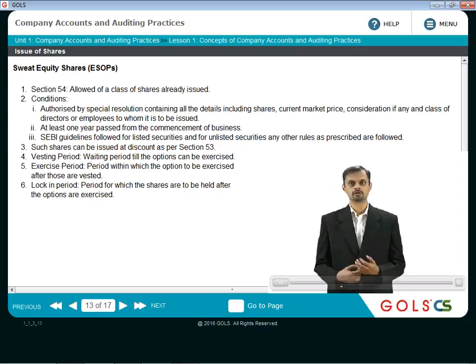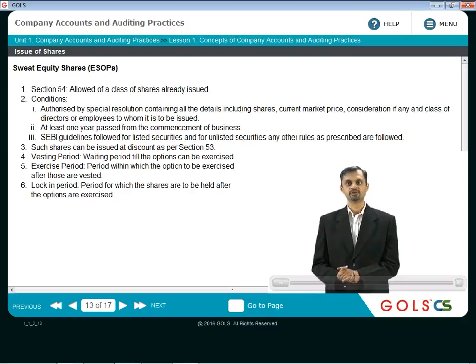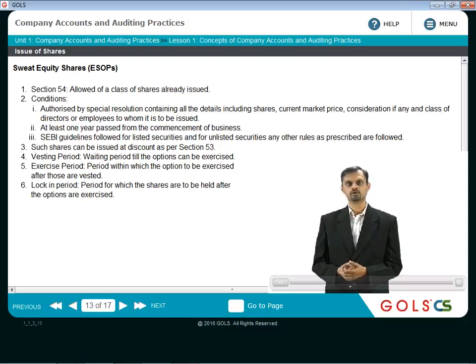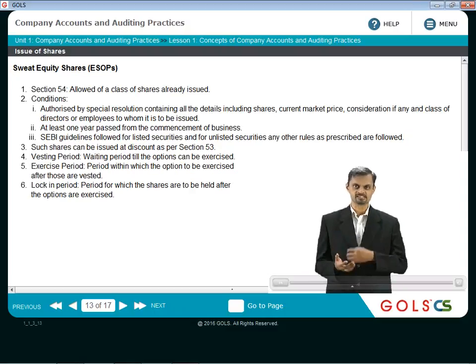Now there are certain terms which are used in the case of sweat equity. One is called vesting period. Vesting period means the waiting period till the options can be exercised. So suppose today the company announces the sweat equity plan, and says that the employees cannot exercise this option for the next 1 year.